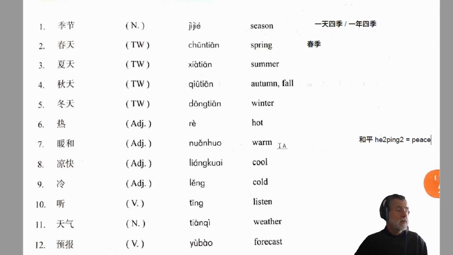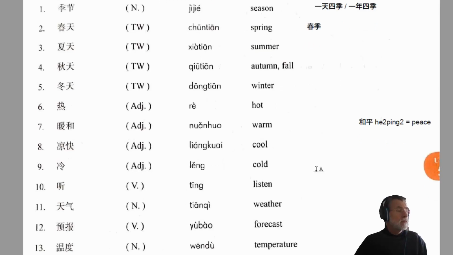But here the pronunciation is different. It's 和 in the neutral tone. 暖和, 今天很暖和. Another example, 今天不热, 今天很暖和.